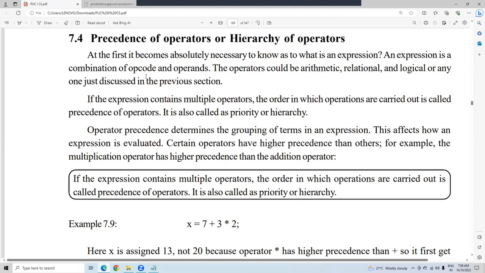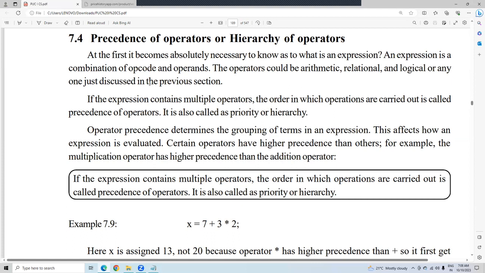That will be indicated or represented by precedence of operator. Whereas the associative rules decide that when multiple operators of the same precedence are involved in the equation, then in what direction it should be solved, either left to right or right to left. So that will be decided by the rules of associativity.